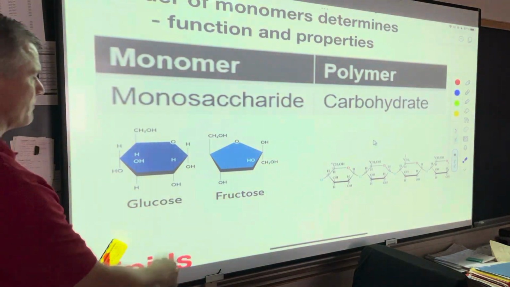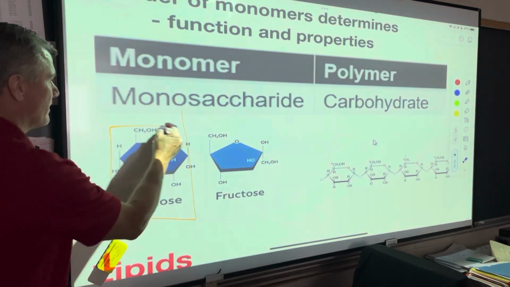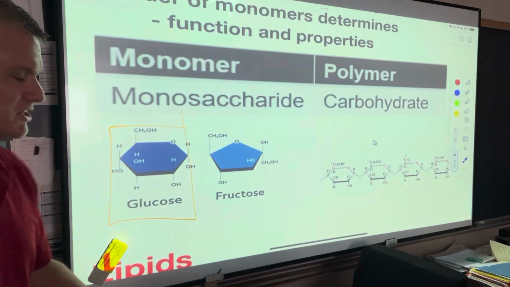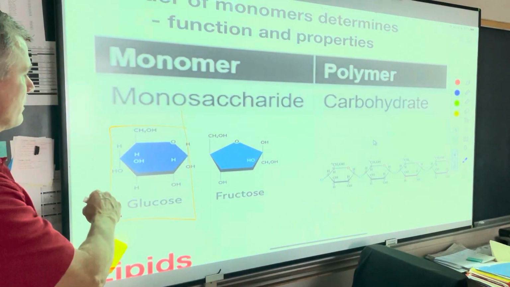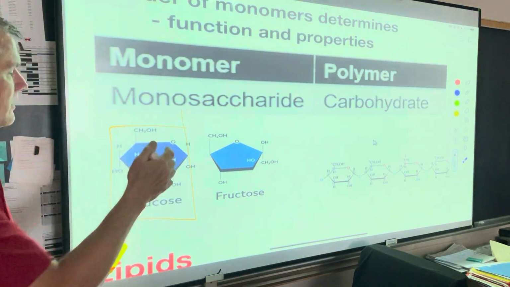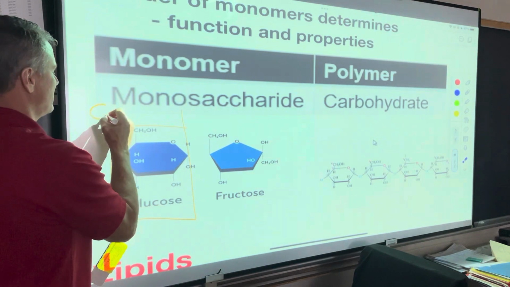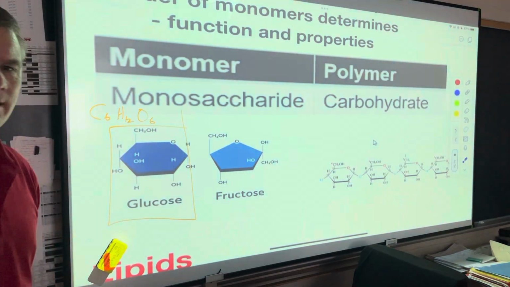So here's two examples. This is glucose. That is a monosaccharide. You don't see anything there but one sugar. Okay. Look at it by sight. You got to remember what it looks like. Also, it's C6H12O6. That's the chemical formula.